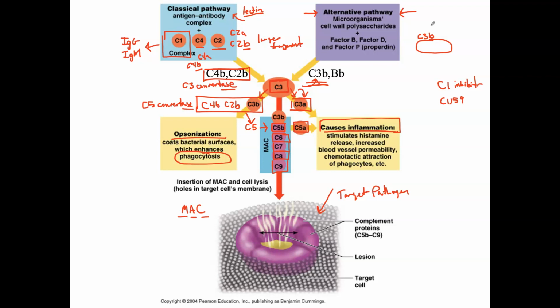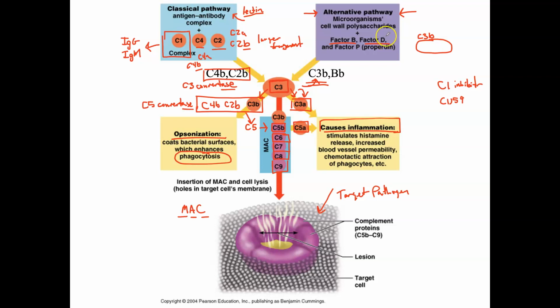C3b binds with factor B. This is a plasma protein that is part of this alternative pathway, and it's going to interact with an enzyme called factor D. Factor D is the necessary enzyme for splitting the B protein.